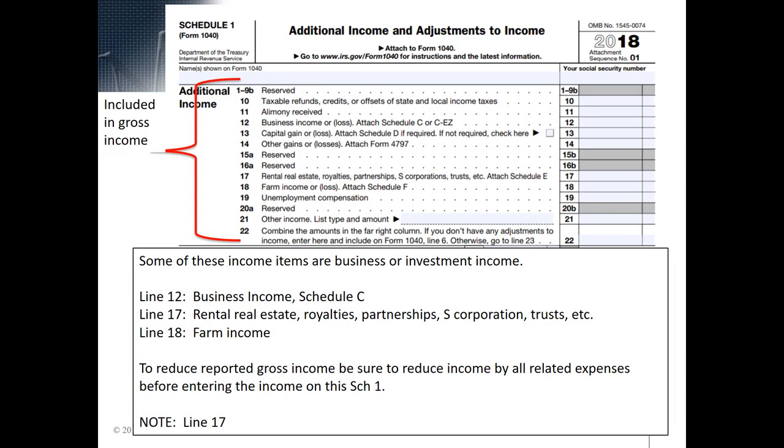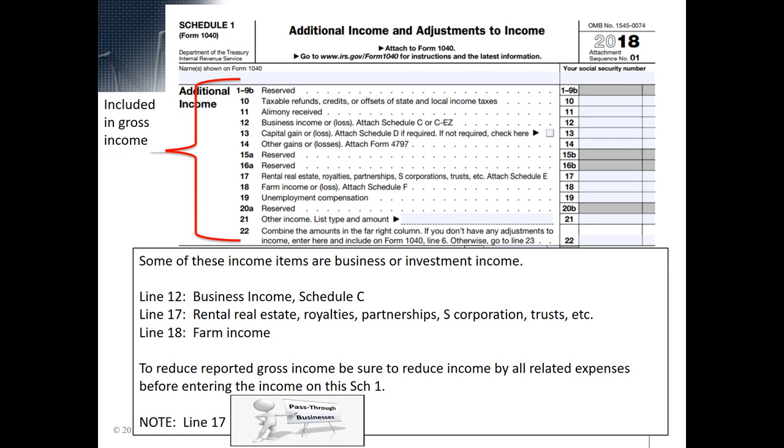Now, to reduce reported gross income, be sure to reduce all of that income from businesses by all related expenses before you enter the income on this Schedule 1. Now look particularly at line 17. Line 17 includes partnerships, S corporations, and trusts.